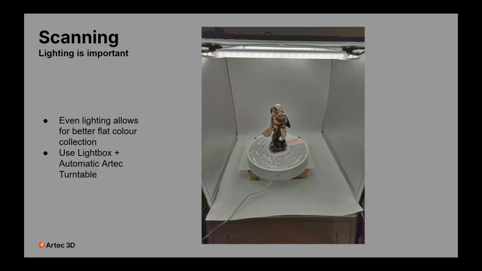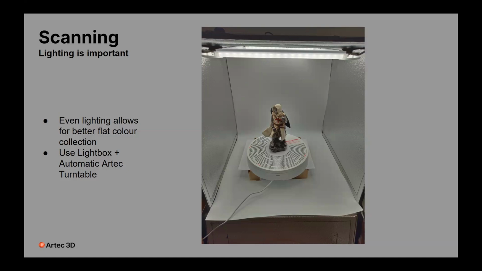Now, I'm not saying that it definitely should be a light box. It's just one of the examples. It could be just a well-lit, evenly lit room, which is also good. But if you have a light box, then it might also be really convenient. Here I've placed this figurine on our Artec turntable, the automatic turntable, inside of a light box.